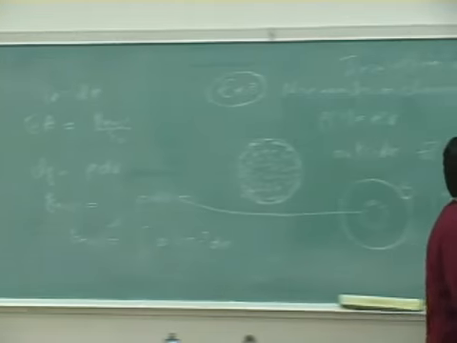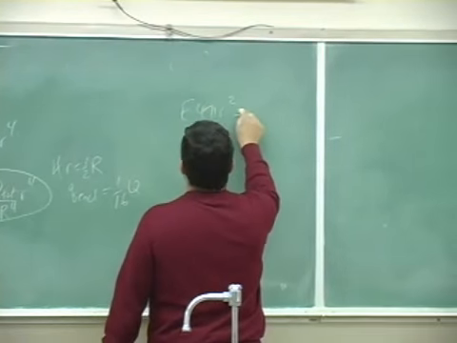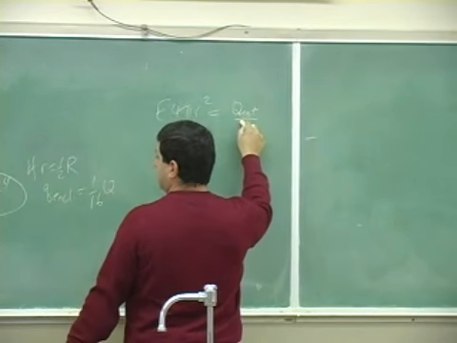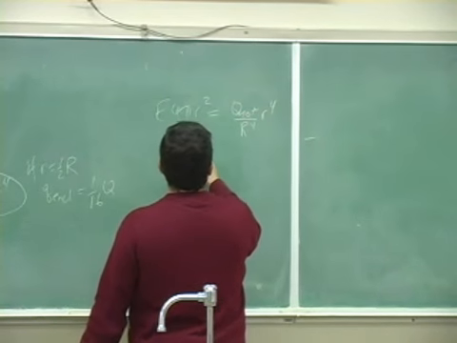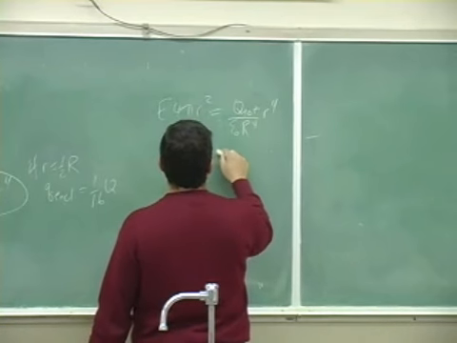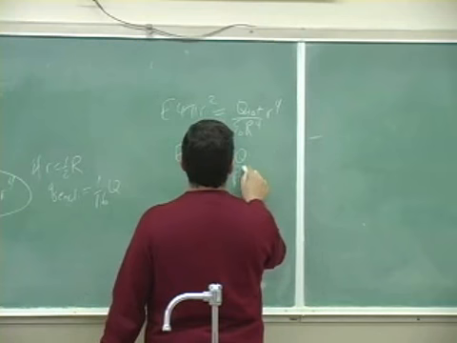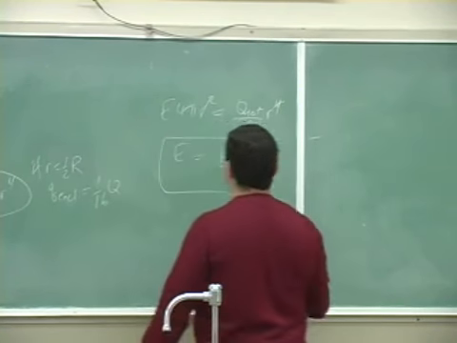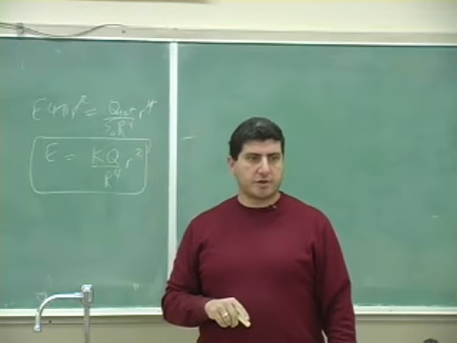Then you say E times 4 pi r squared is equal to Q total over R to the fourth times little r to the fourth, over epsilon naught, and then you're going to have the answer kQ r squared over R to the fourth, because this cancels this r squared.